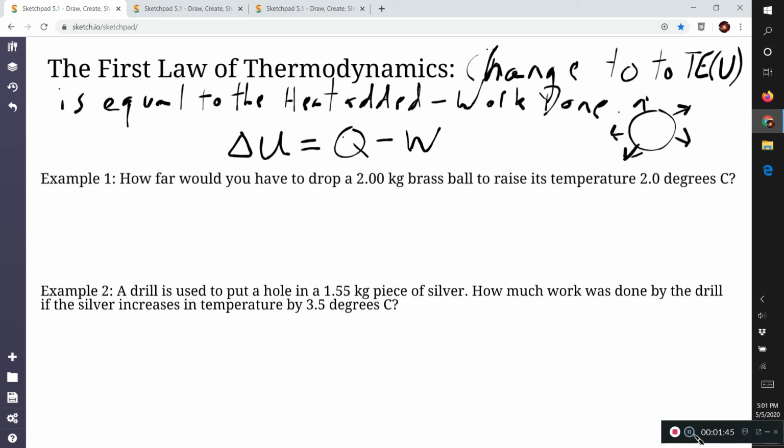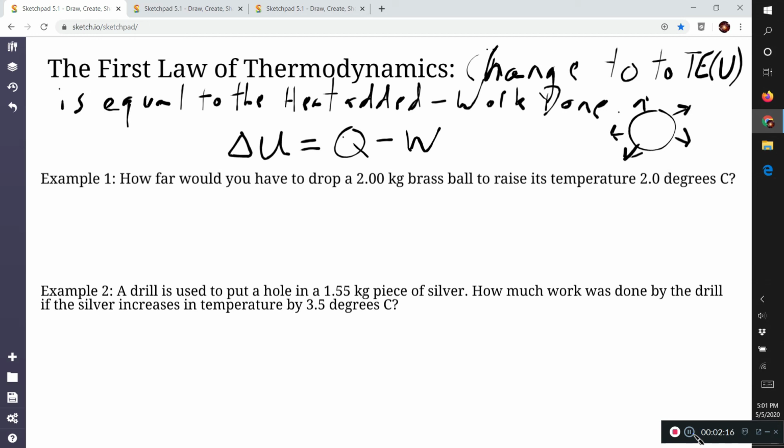And that means that you're doing work on that balloon membrane. And so the relationship between those two things is the total thermal energy. This is actually a restatement of the law of conservation of energy, which says that energy can't be created or destroyed. So if you're adding heat and some of that is being used to do work, then the total thermal energy is the difference between those that's added to the system.